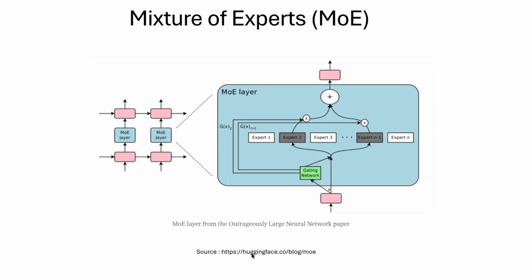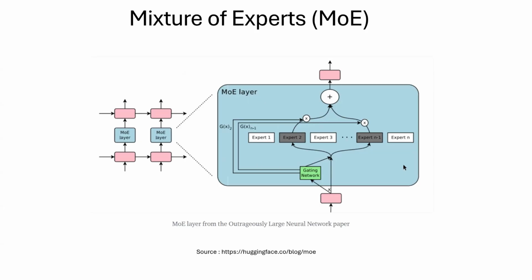If you want to go deeper into this, check the blog from Hugging Face. In this scenario, we have a gating network, and we have multiple experts with different expertise. The gating network provides routing of tasks to specific experts.